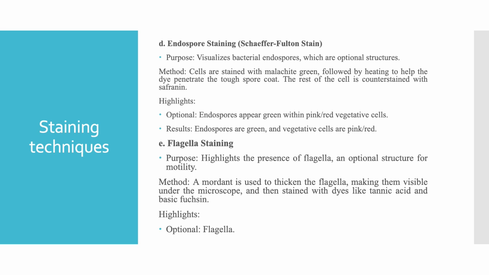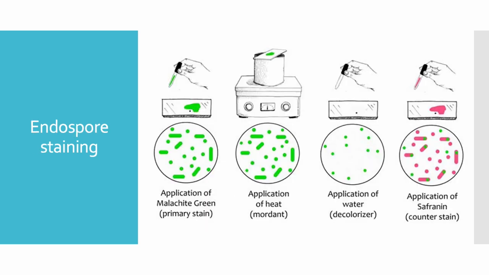Ziehl-Neelsen staining is the heated one. What is the idea? Acid-fast bacteria, that is Mycobacterium, and here you keep in mind, the bacterium is rod shape, non-spore forming, gram-positive bacteria. By default, you already know it is gram-positive.